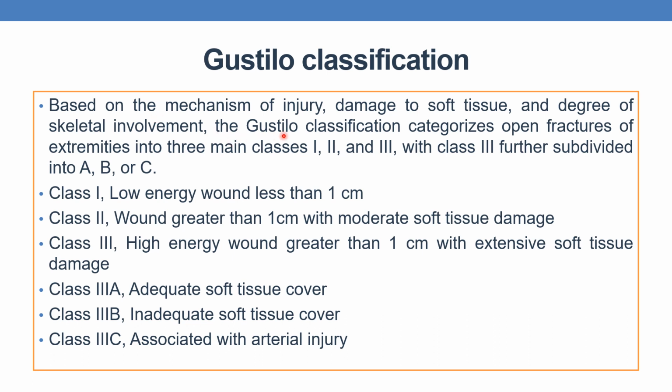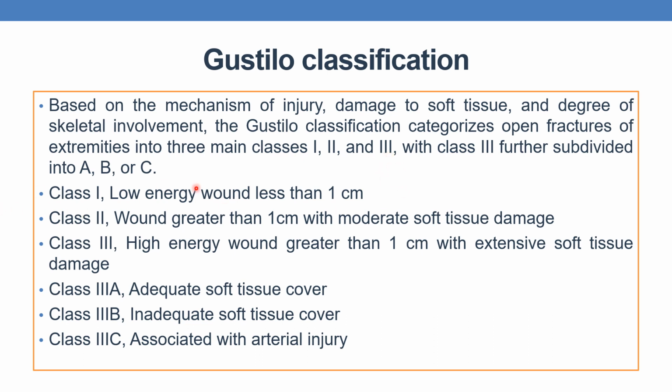Based upon the mechanism of injury, damage to soft tissue and degree of skeletal involvement, the Gustilo classification categorizes open fractures of the extremities into three main classes: class 1, class 2, class 3, with class 3 further subdivided into A, B and C.